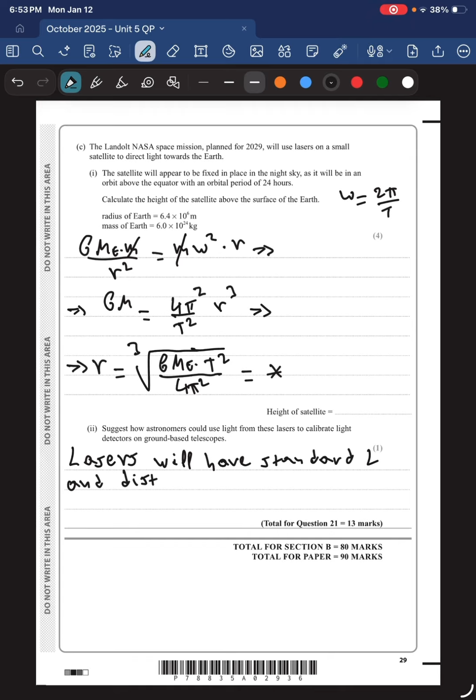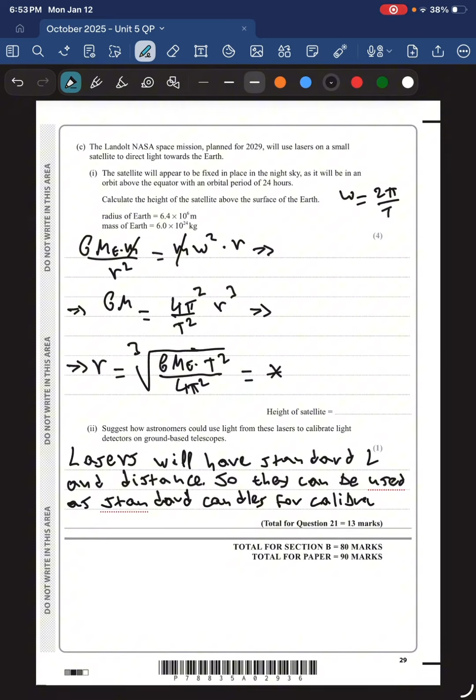So they can be used as standard candles for calibration.